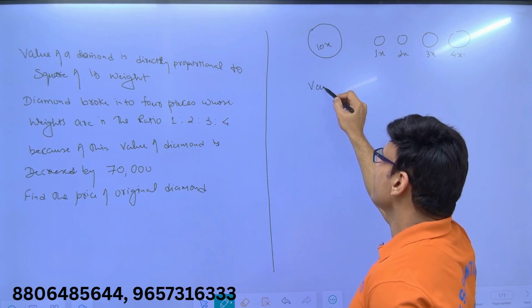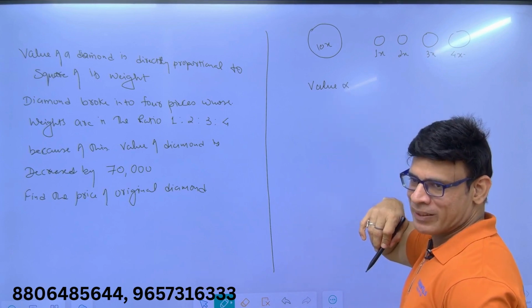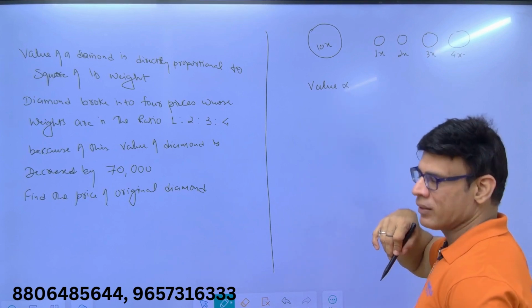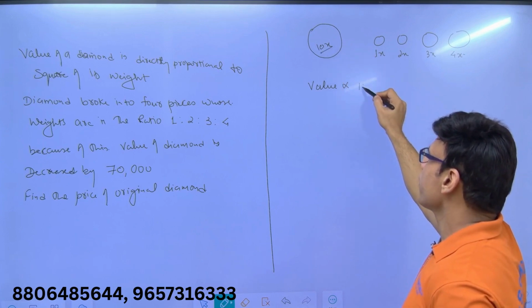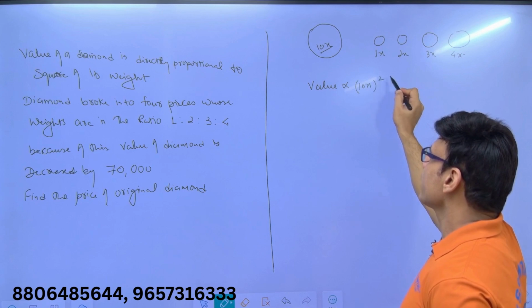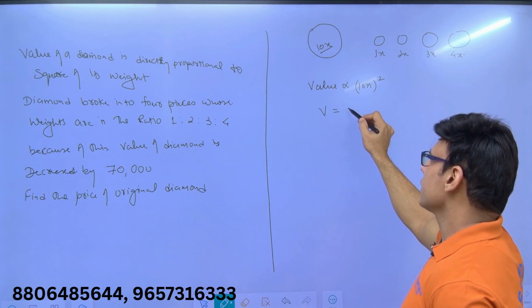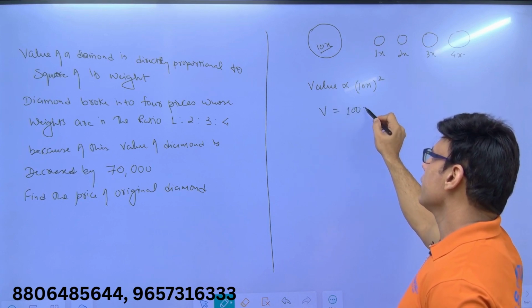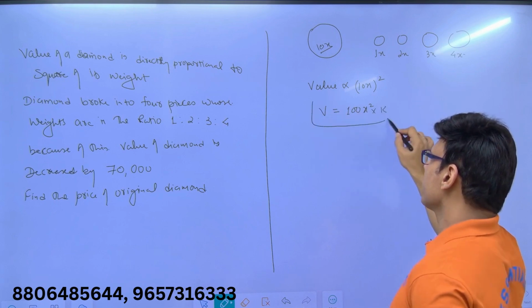So original value is directly proportional to what? Square of its weight. So what was the weight of the original one? 10x whole square, right? So value is V. This is 100x square into k, right? This k is a constant, remember that.